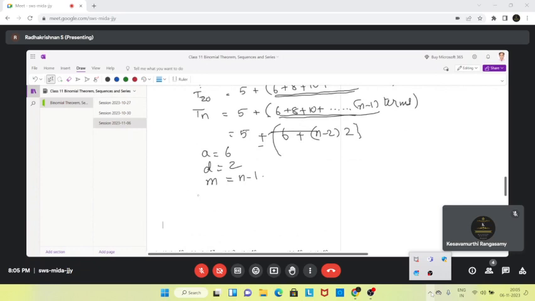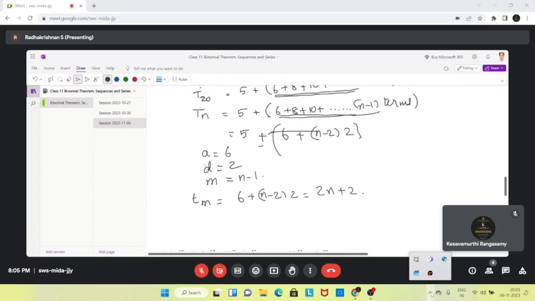So what is your mth term? Tm equal to 6 plus 2n minus 4, 2n plus 2. Okay, so your mth term is 2n plus 2.